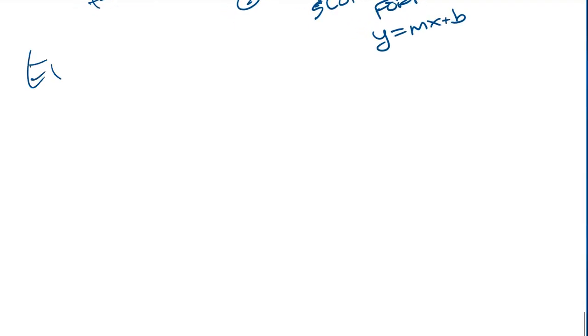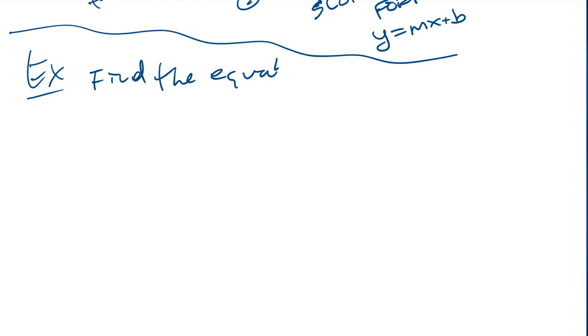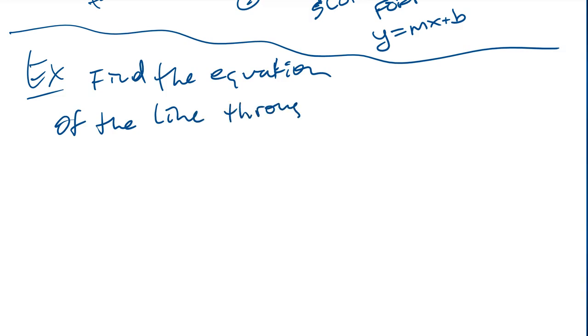So another example might be: find the equation of the line through the points (0, 2) and (3, -1). I'll do the solution in red.